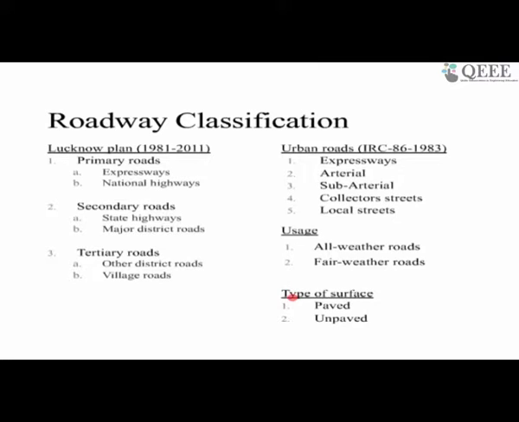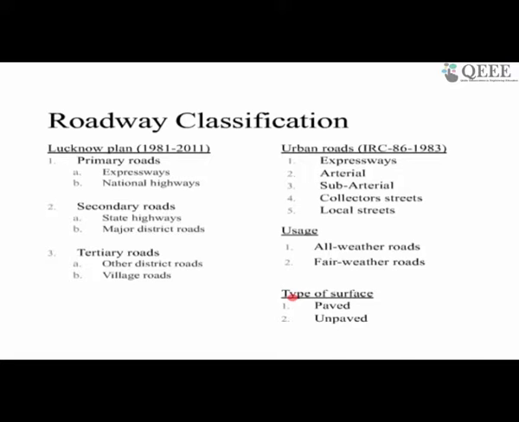So what happens in the city? Earlier the main focus was on the rural areas. Later on we realized the cities are also expanding and we need good road infrastructure in the city. So for the urban area, we needed a classification, and it came up in 1983 through IRC 86.